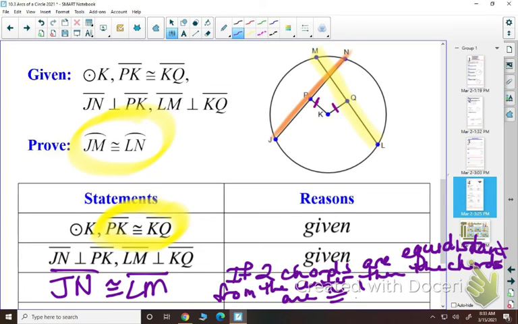Again, that came from lesson 10.2. If two chords are equidistant from the center of a circle, then they are congruent. So we can now state that those two chords, JN and LM, are congruent.